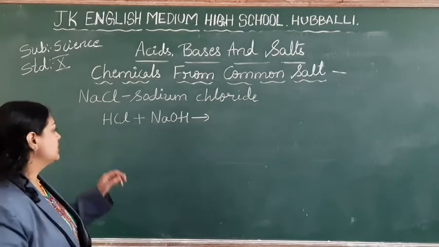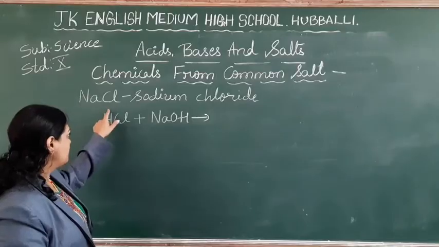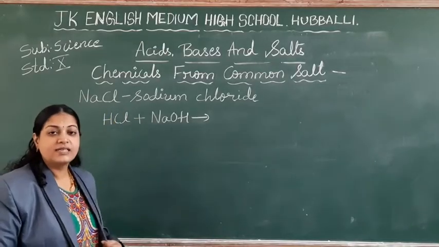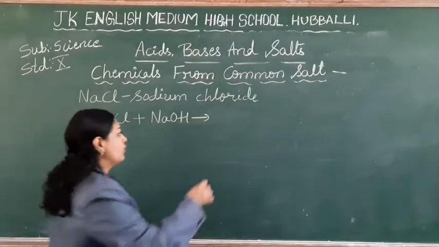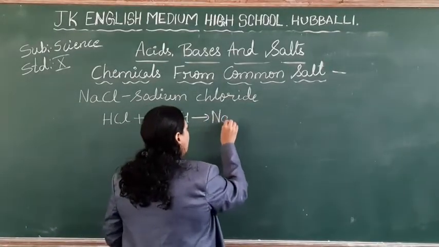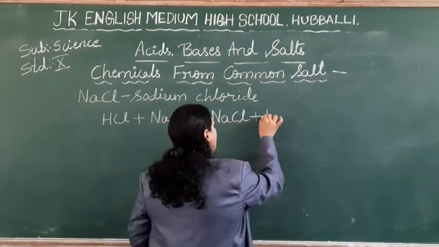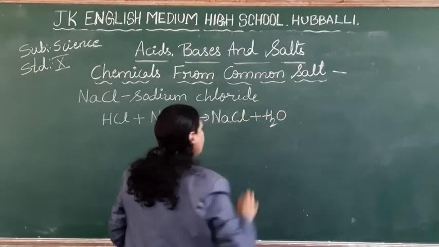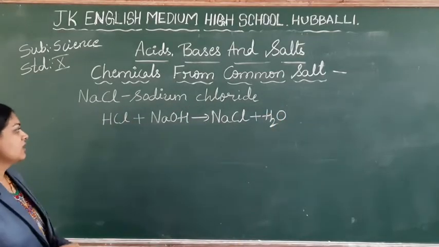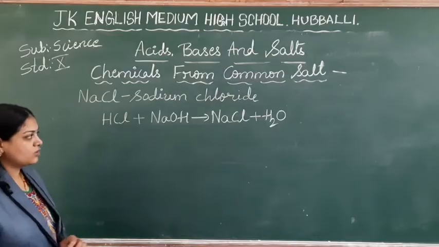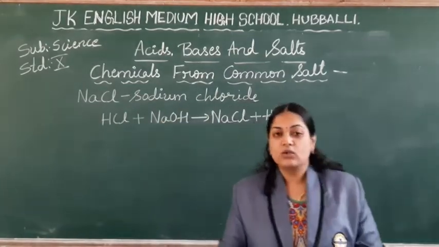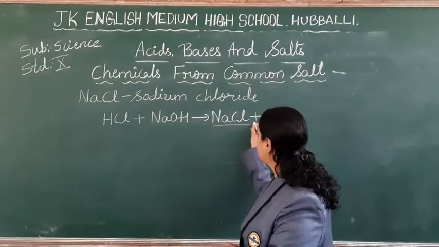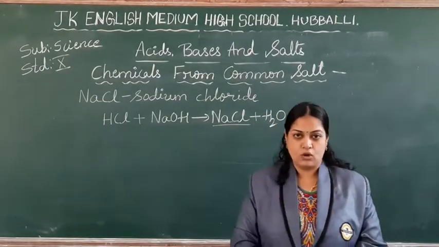As you know, this will divide into ions as H plus and Cl minus, and the base as Na plus and OH minus. So you get the formation of sodium chloride with water. Just check the equation, students, if it is balanced; otherwise you have to balance it.